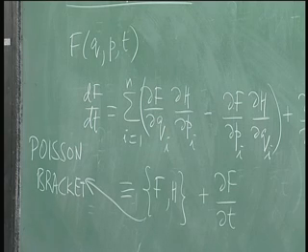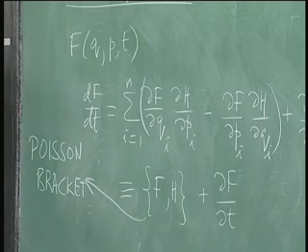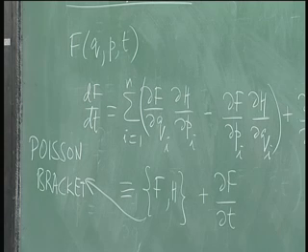Now of course this structure here has some deep implications. You could define the Poisson bracket of any two functions of phase space variables.